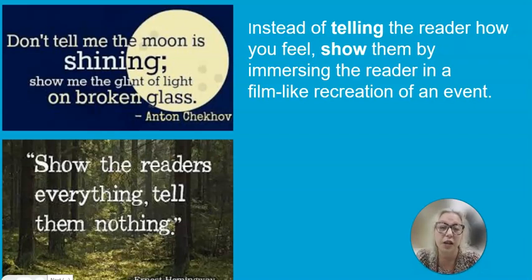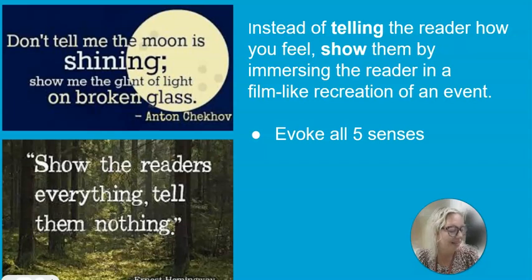Okay, there's 5 great ways to help you show instead of tell. The first one is to evoke all 5 senses. So you're using details in your piece that create the senses for the reader. What are the 5 senses? We've got sight, sound, touch, taste, and smell.